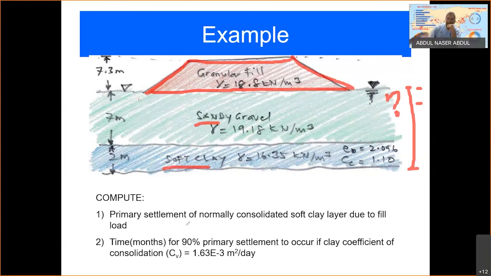The primary settlement of normally consolidated clay is to be calculated, and also the time for 90% primary settlement to occur, if the clay coefficient of consolidation CV is given. This CV is also from the SI report. Remember I mentioned the soil investigation report. You can get this CV, or coefficient of consolidation, from the report.